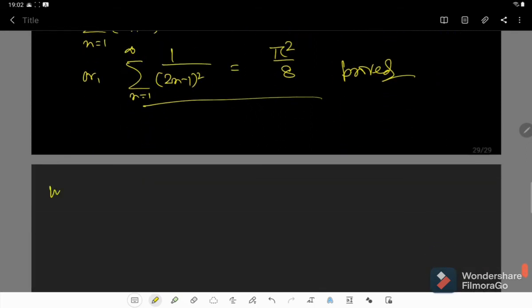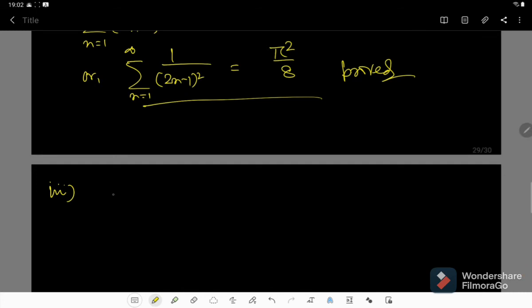Now our next problem is we have to verify that the sum of 1 by n to the power 4 is equal to pi to the power 4 by 90.